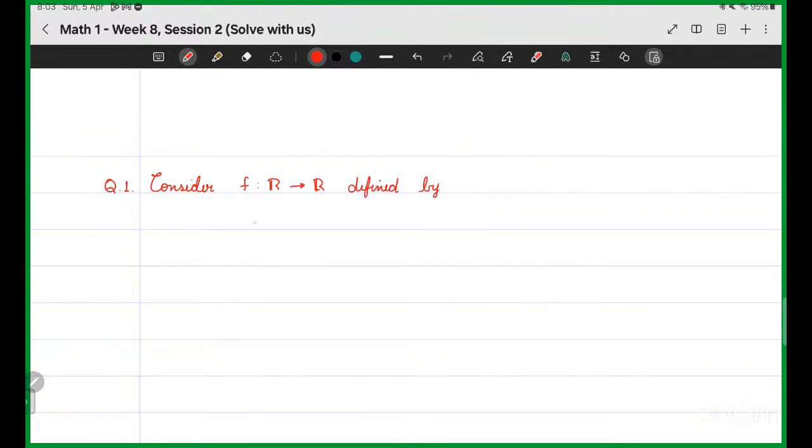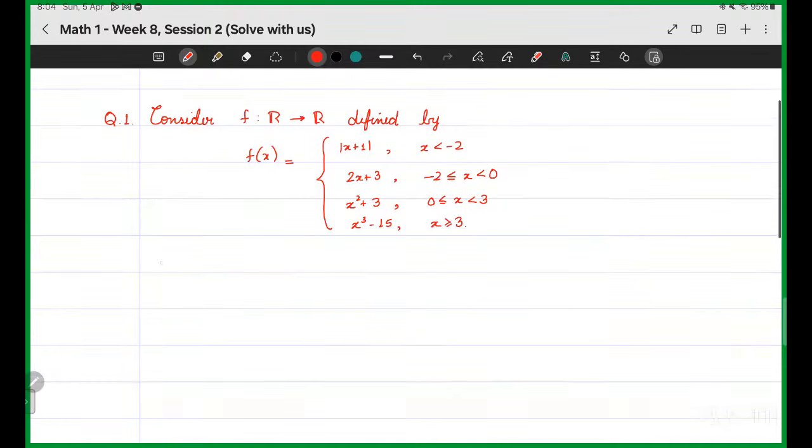So I'm given a function which is defined as follows. And the question is: discuss the continuity of f.